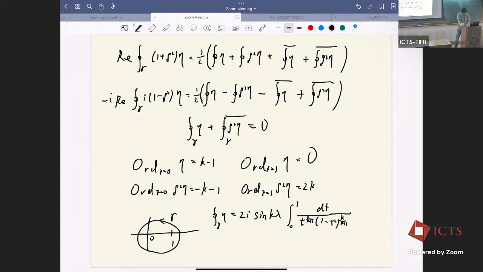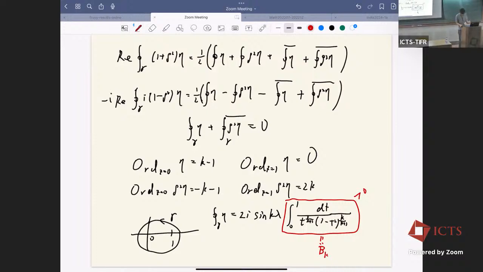Okay, and this is positive, and we said this is b_k. Now we can compute this like this.